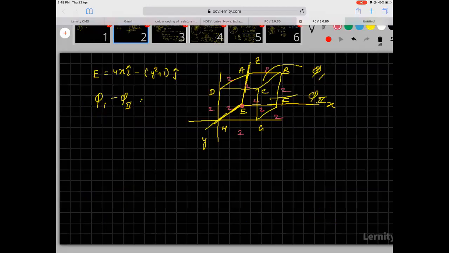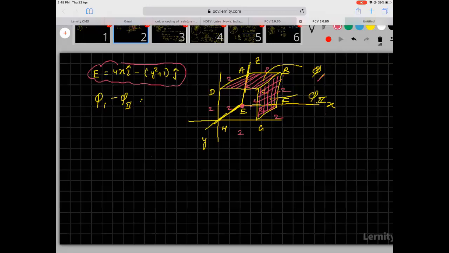The question is, phi 1 is the flux through the surface ABCD. Phi 2 is the flux through the surface BCGF. The electric field in this region is given as 4x i cap minus y squared plus 1 j cap.